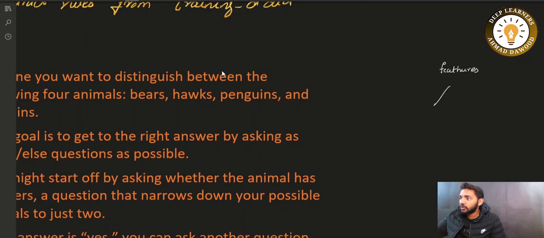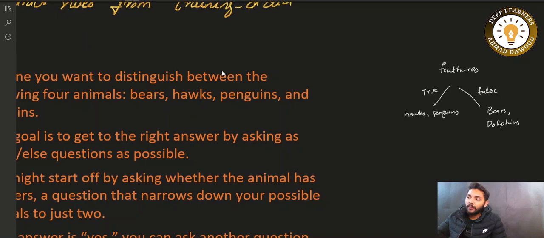The animals that have feathers will be on the left side, and the animals that do not have feathers will be on the right side. Hawks and penguins have feathers, while on the other side bears and dolphins don't have any feathers.